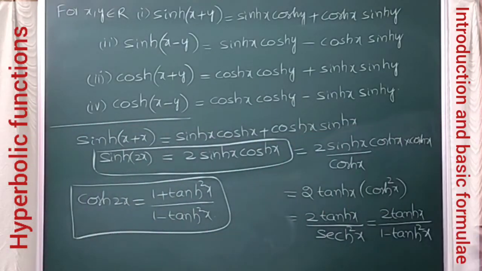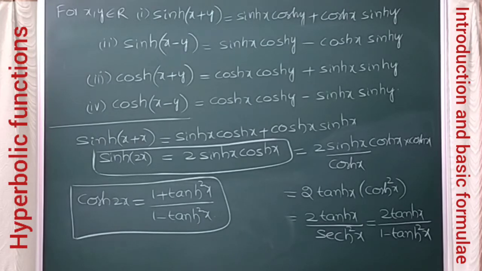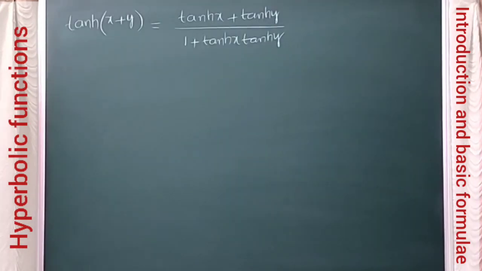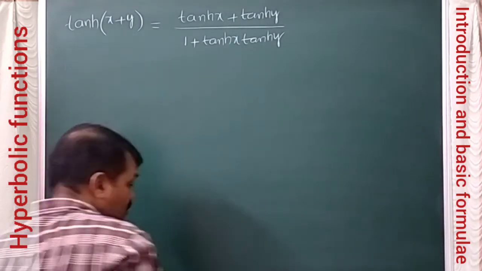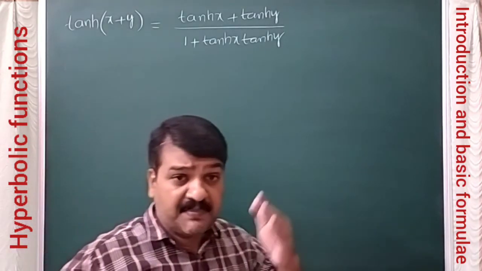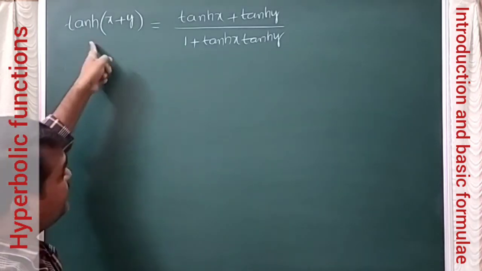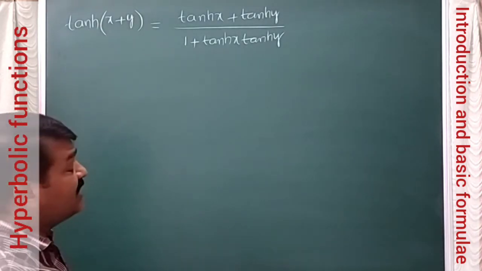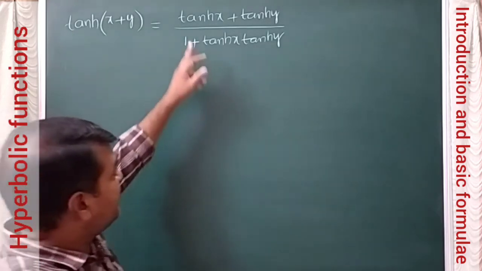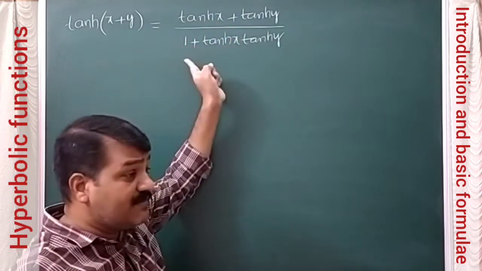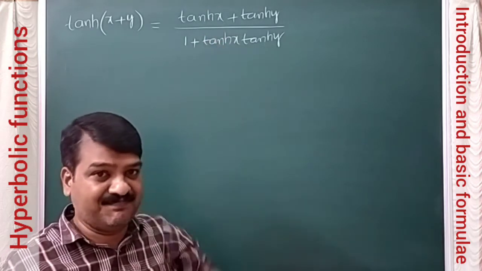Now let us discuss the same formulas for tanh of x plus y, coth of x plus y. So this is the formula for tanh of x plus y. Like we have the tan of a plus b formula in trigonometric functions, but the formula is not exactly the same, because for tan of a plus b, tan a plus tan b by 1 minus tan a tan b will come.